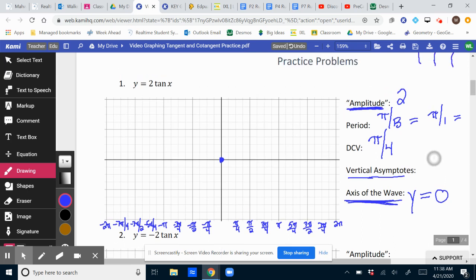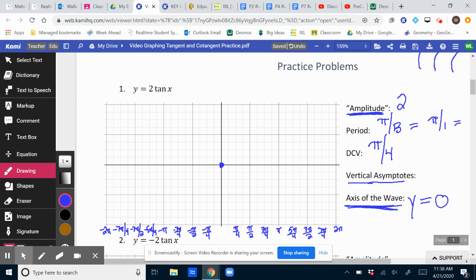But the question is, to the right, do I go up or down? And to the left, do I go up or down? You need the shape, since this is positive tan, to look like this, left to right, going up, kind of like a positive slope. So therefore, and don't forget to label your y-axis as well.